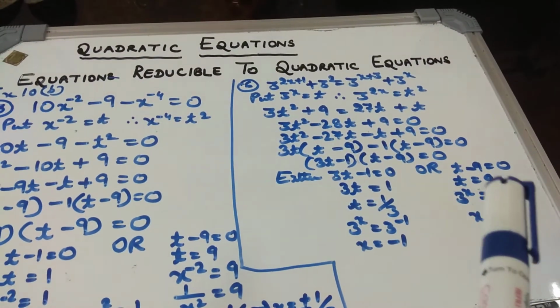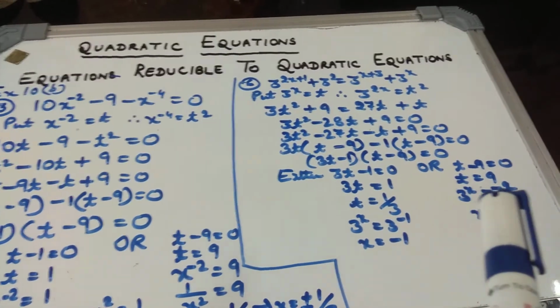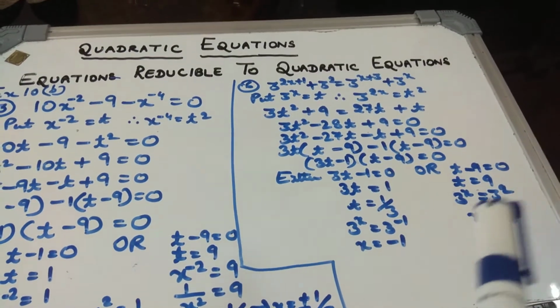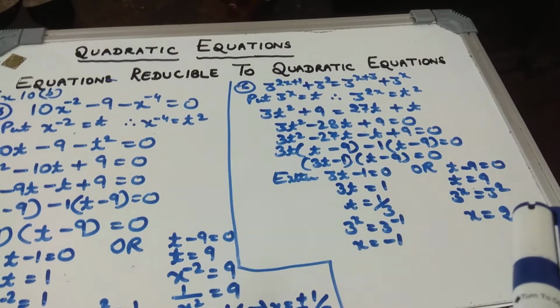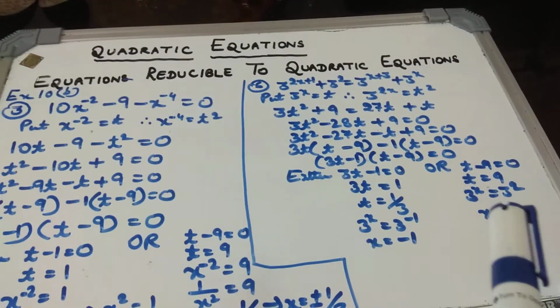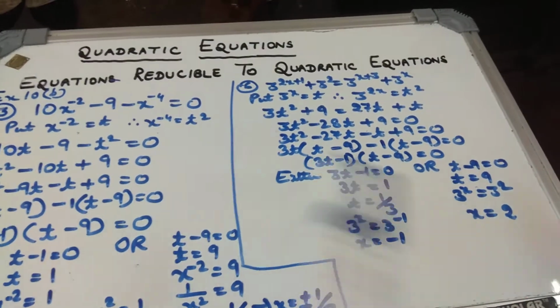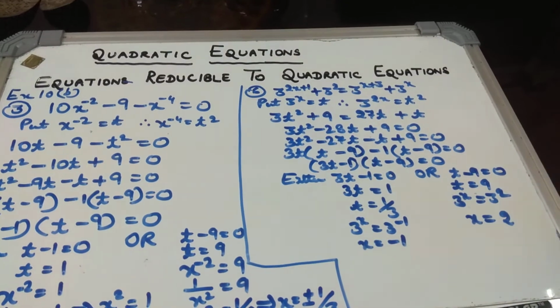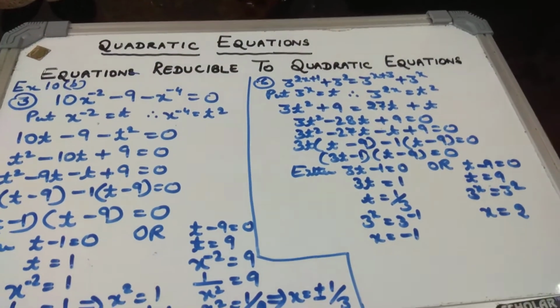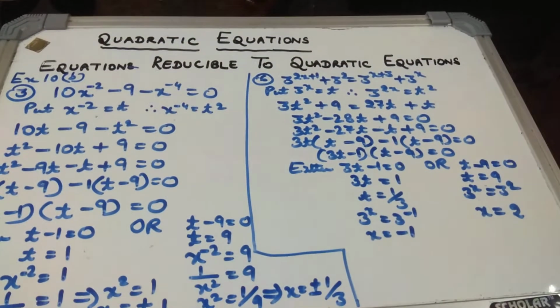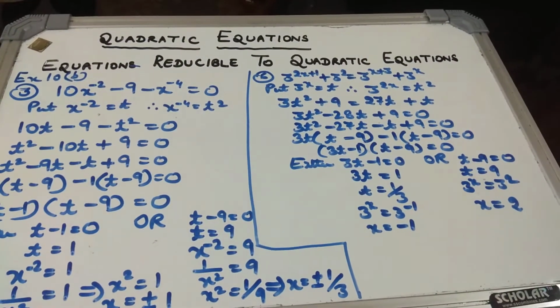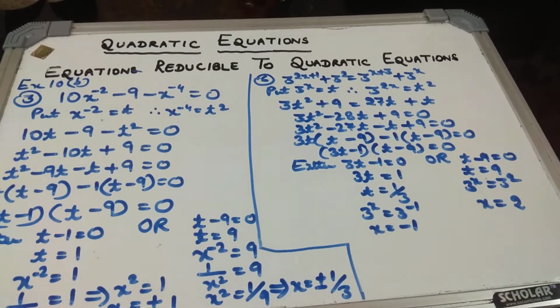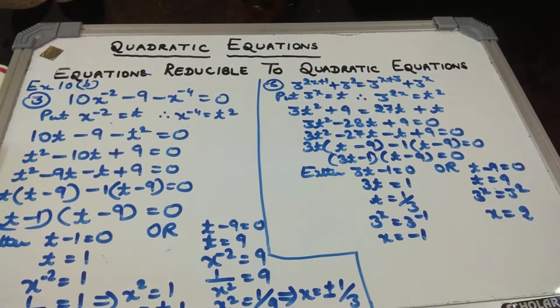Similarly here, t minus 9 equals 0, so t equals 9. 3 to the power x equals 3 square, which implies x equals 2. Hence these are the two solutions for x, that is x equals minus 1 and x equals 2, which will be the final solution for the given equation.